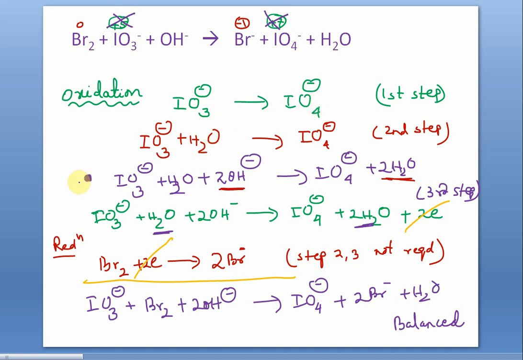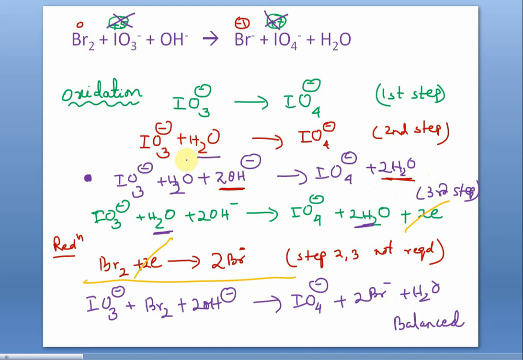Then this is the crucial third step, which is different. What? The number of excess hydrogen atoms is 2 in LHS. Add the same number of OH minus ions on the same side and immediately add the same number of water molecules on the opposite side. So these two birds have to be killed with one stone.